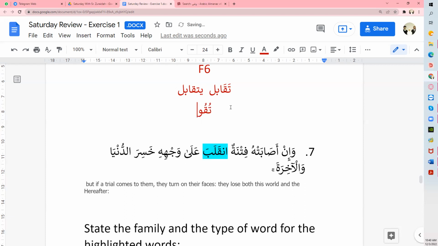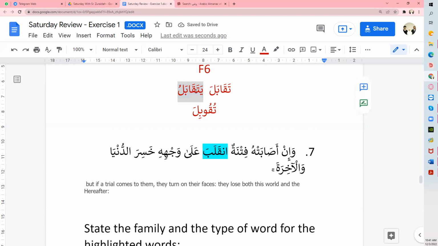Yes, the alif becomes a waw to suit the sound of u-i. So this would have been originally like this: taqabala, yataqabalu.